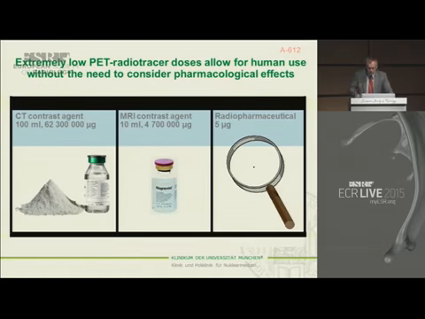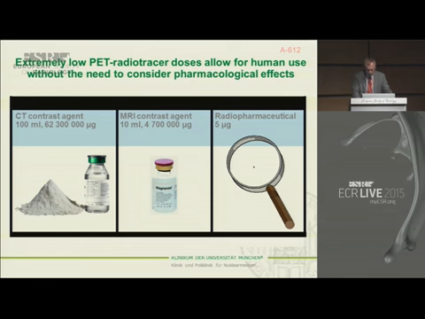So how can we have such a big array of different radiopharmaceuticals? I will show you now in PET and not in MR and CT. And I think this is a nice indicative image just to illustrate that. So we are working with pico- to nanomolar concentrations of the radiopharmaceutical, which means you do not need to take care of the pharmacological properties of the pharmaceutical, but only of the radiation burden.